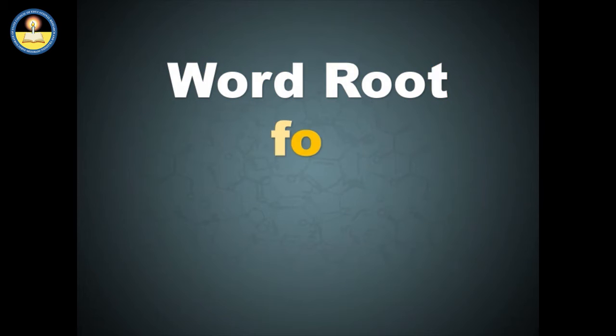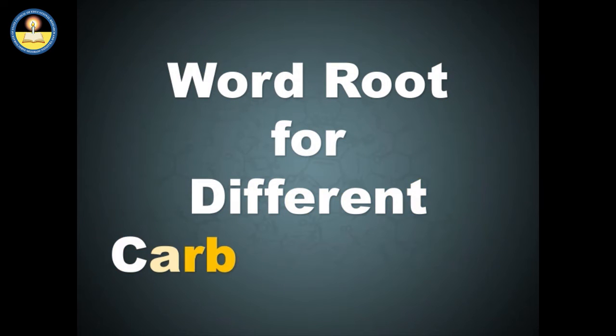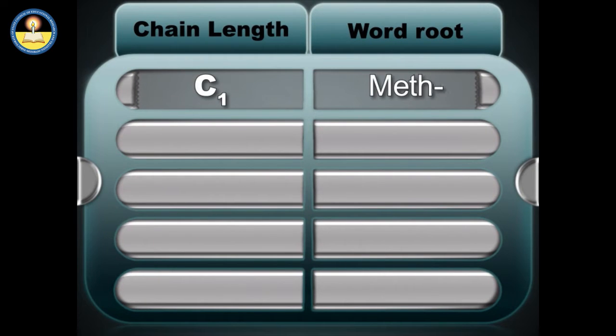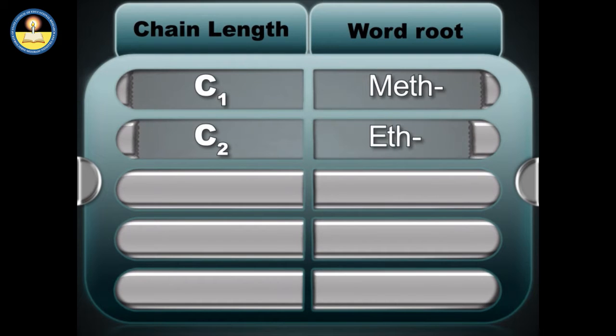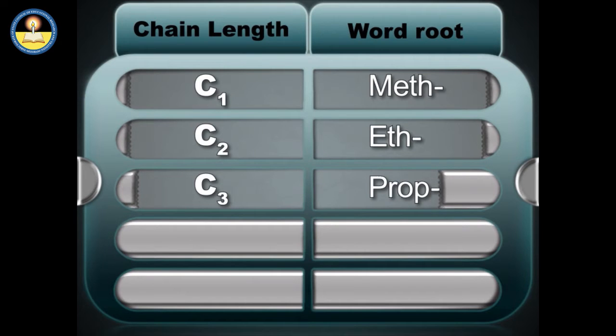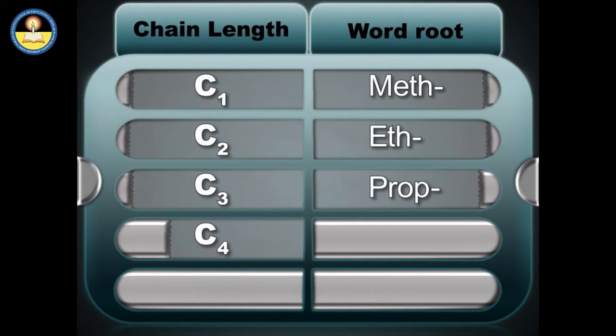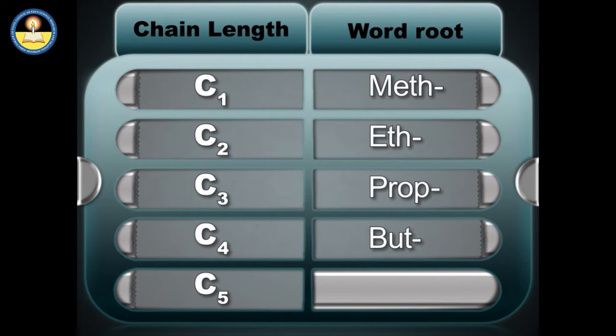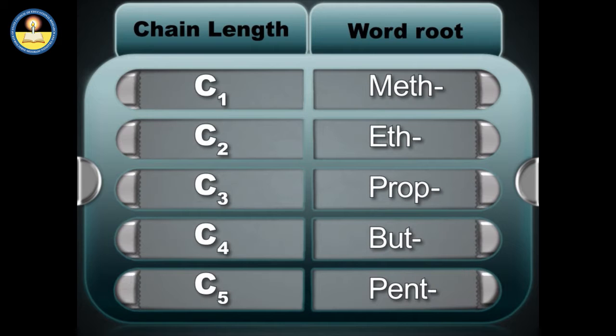Word roots for different carbon chains. Chain length C1, word root meth. Chain length C2, word root eth. Chain length C3, word root prop. Chain length C4, word root but. Chain length C5, word root pent.